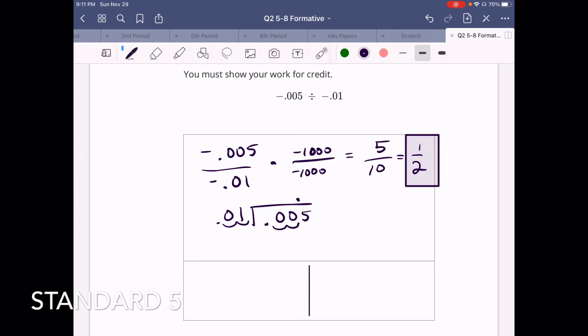So I basically have 0.5 divided by 1. So that would be 0, and then 1 goes into 5 five times. 0.5, which is 1/2.